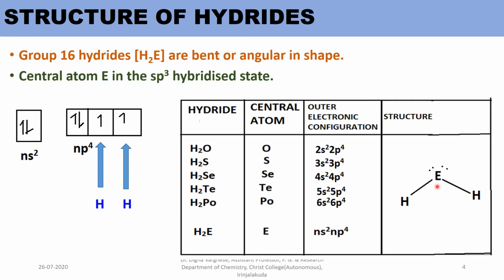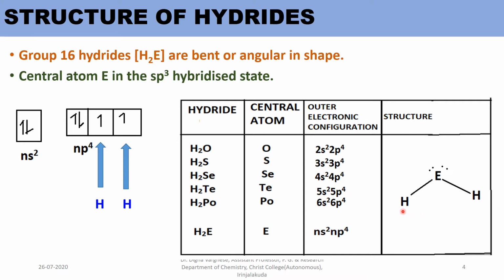E is the central atom. There are two lone pairs of electrons, from the s orbital and from the p orbital. The one s orbital and three p orbitals are hybridized to form the sp3 hybridized state. The shape of the molecule is bent or angular, and the central atom has two lone pairs and two bond pairs.